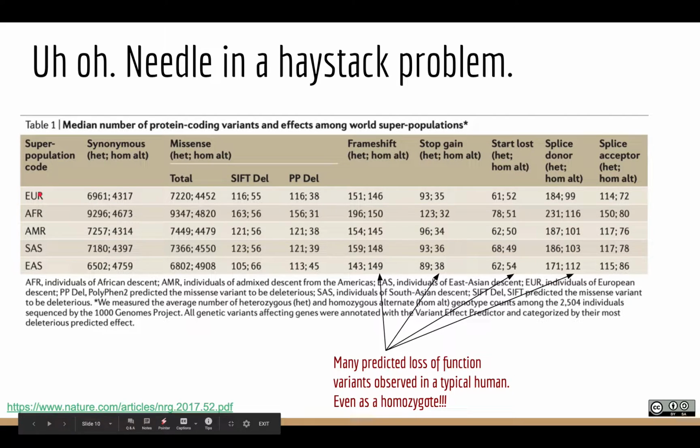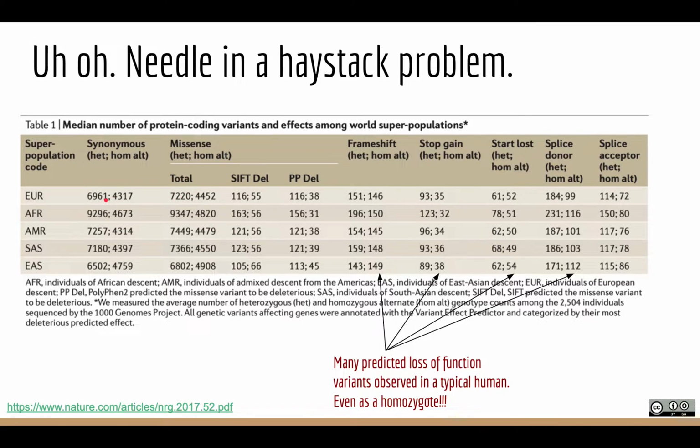ago. What we're looking at as rows here are different world superpopulations: people of European ancestry, African ancestry, from the Americas, South Asian ancestry, or East Asian ancestry. What I've done is looked at the median number of coding variants observed in individuals from these different ancestries, broken down by different categories.